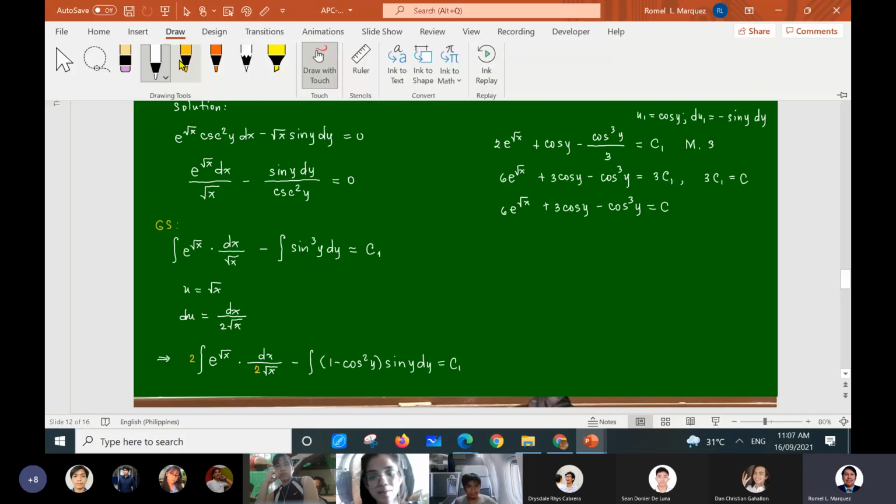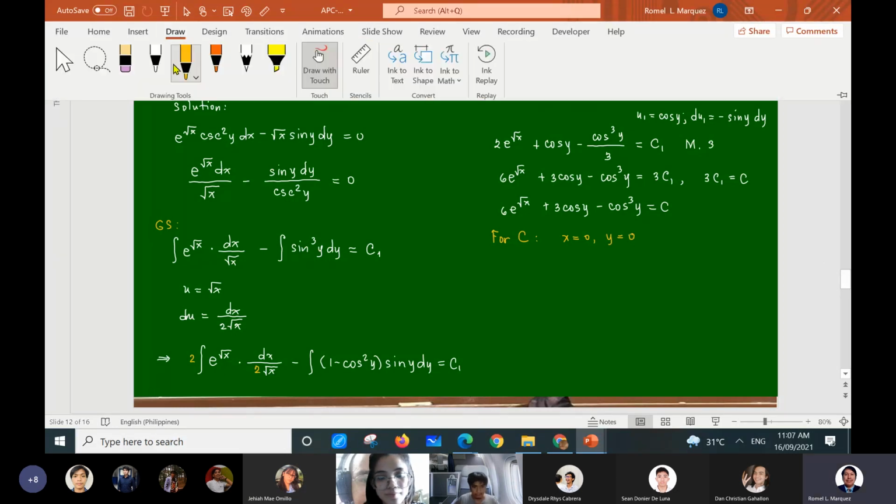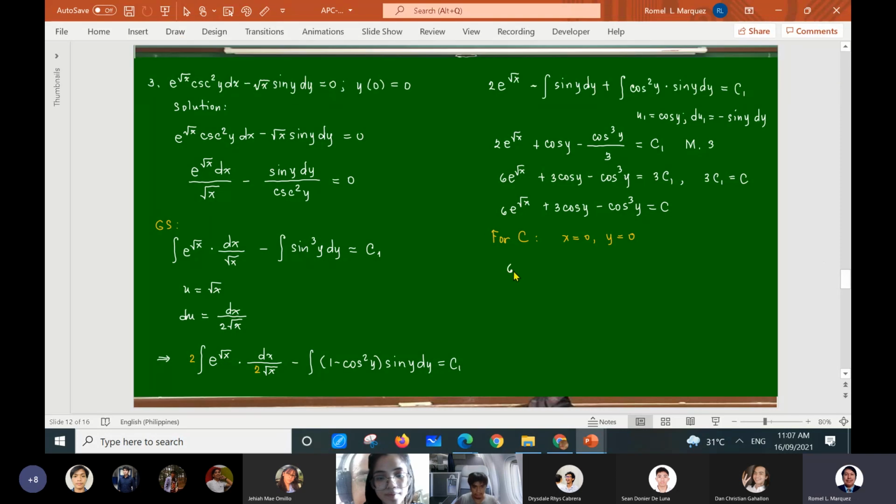Let's now solve for C by applying the condition. Ano yung condition natin? X is 0, y is 0, right? We have 6e to the square root of 0 plus 3 cosine 0 minus cosine cube 0 equals C. What is cosine 0, children?